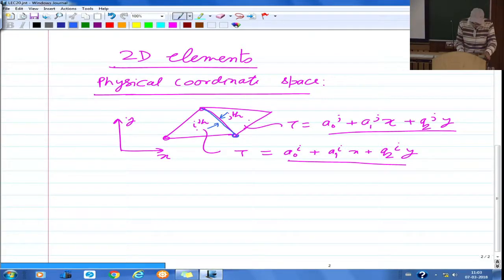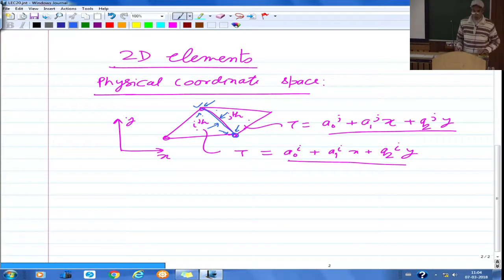Already at the time of assembly we say that at this node, whether belonging to this element or this element, the temperature is the same, that is, both elements share the common node and the same degree of freedom, the temperature value. Similarly here, the temperature value at this node evaluated from the first element or the second element is going to be the same.